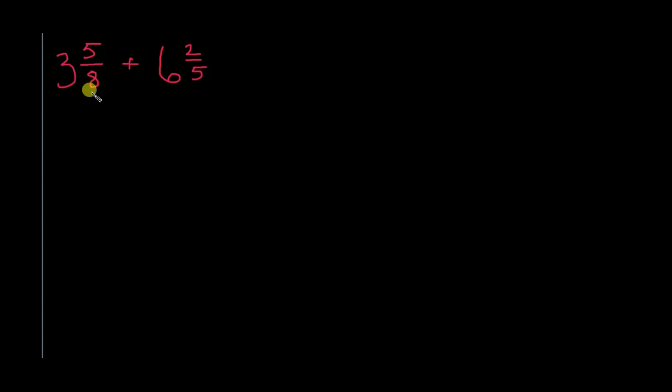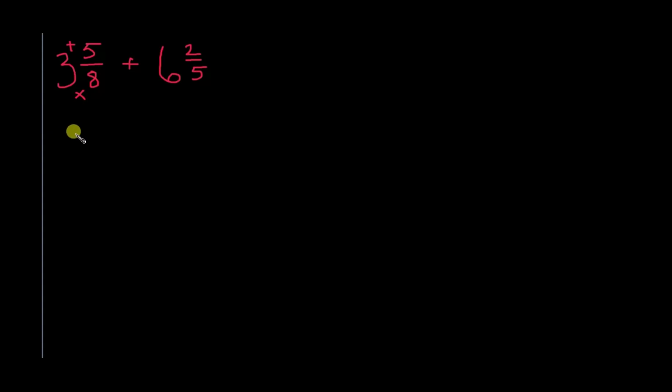So the way I like to do this is you take your denominator and you multiply it by your whole number, and then you take that answer and add it to the numerator, and you keep the same denominator. So let's do an example. 8 times 3 is 24, and 24 plus 5 is 29, and we keep that over 8.